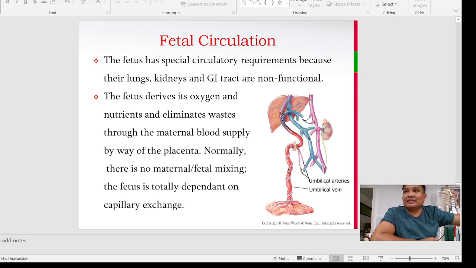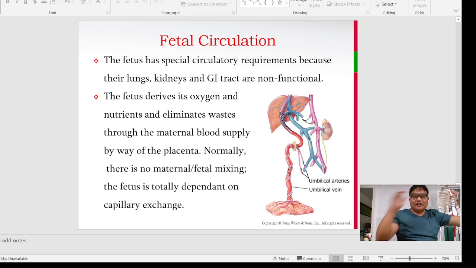Towards the heart. Pero ang ginadala niya dito is oxygenated. For the reason nga ang imong bata wala pa man siya ga-inhale sa air, no? So nagsalig pa siya sa gina-inhale nga oxygen sa mama. So dito sa placenta, dito na siya ga-undergo og exchange sa gases between sa blood sa mama and blood sa baby or sa fetus. And then, ang oxygen dalhon sa umbilical vein pasulod dito sa heart. Okay, so ginatawag niya siya special circulation.